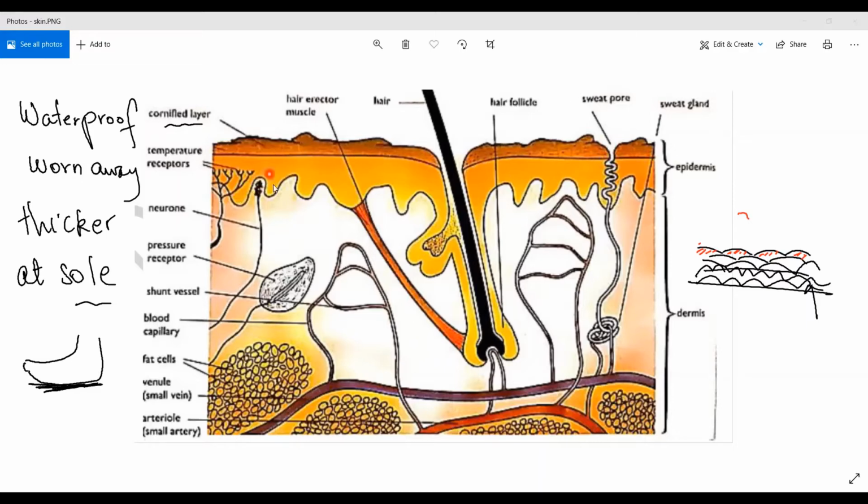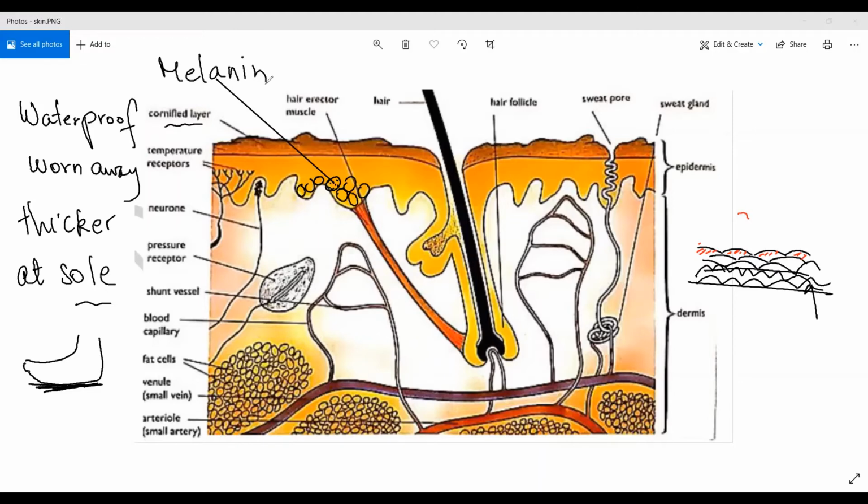Look at this part. These are cells that produce a pigment which is called melanin. But what is this melanin?